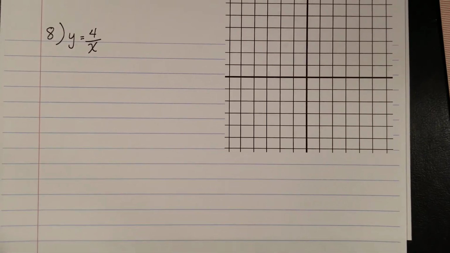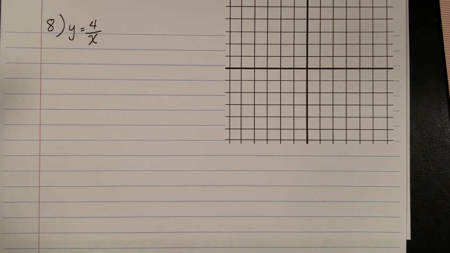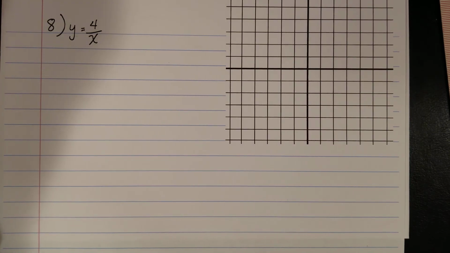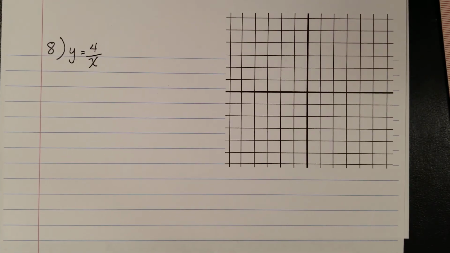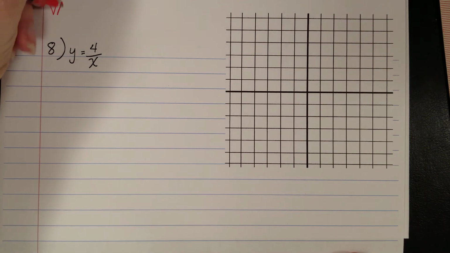Number 8, same thing. This is a rational function, which we just went over how to do in section 3.5. If you want to make sure it's 1-to-1, we could go ahead and start by graphing this. It has a vertical asymptote of x equals 0.